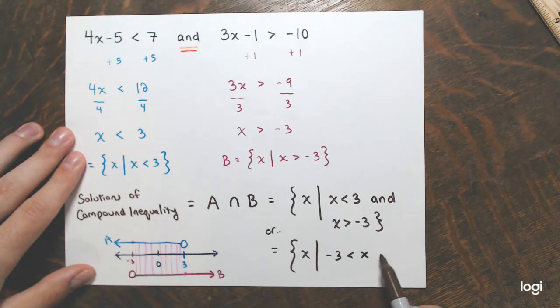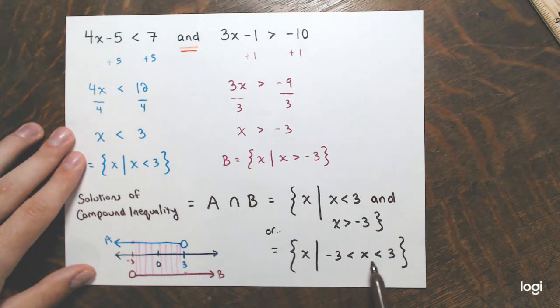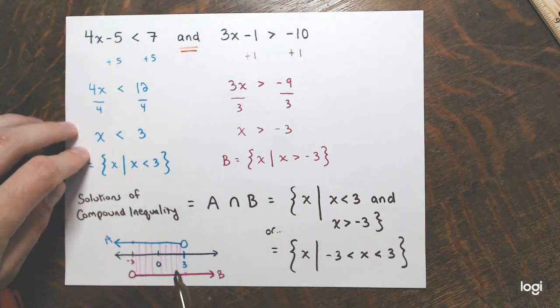So one way to write that is like this also, with this connected, where I connect these two and make a single inequality with two inequality symbols. See how this is x is greater than negative 3 if you read it from right to left. x is greater than negative 3, and at the same time x is less than 3. This is a way to say that x is between negative 3 and positive 3.